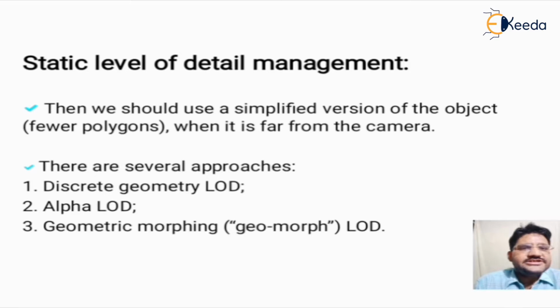Now, in static level of detail management, we should use a simplified version of the object when it is far from the camera. For this, there are different approaches like discrete geometry LOD, alpha LOD, and geomorph LOD.